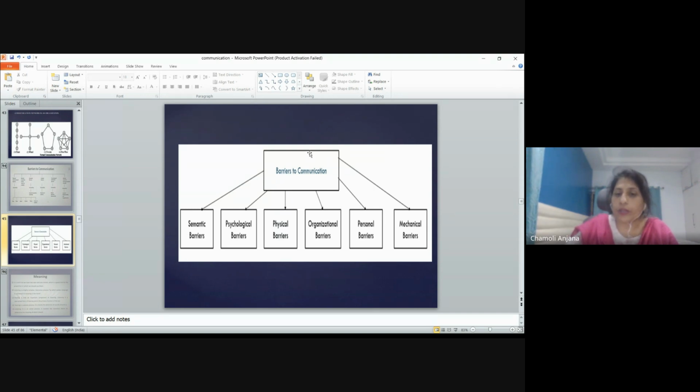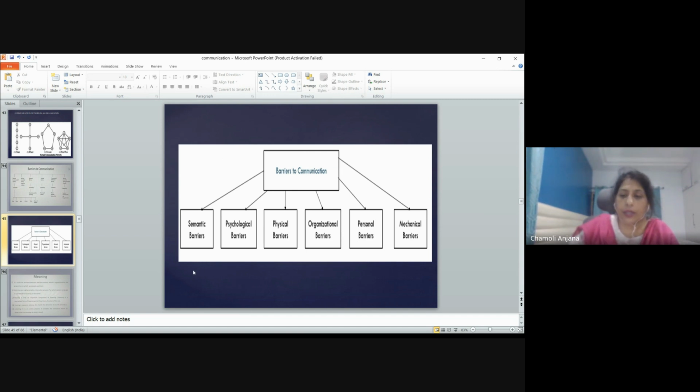If one wants to improve the efficiency of communication and have a successful communication, they must first understand what the barriers are that obstruct the flow of communication, and how we can overcome these barriers.